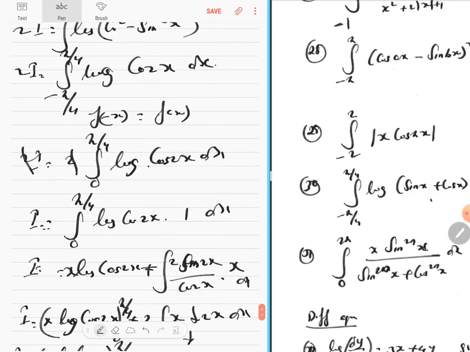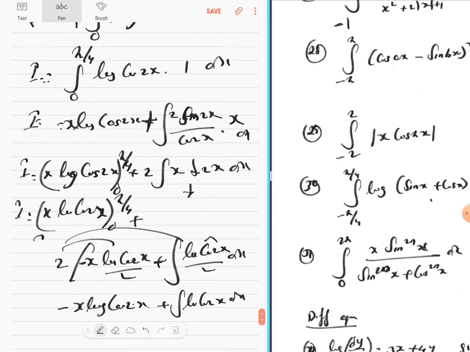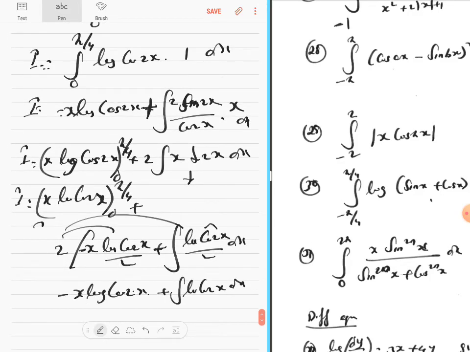Let me try to do the sum again. Let me try to think of what I've done. Minus big integration, differentiation of 1 by cos 2x into minus sin 2x, so it becomes a plus. So it becomes tan 2x. Now I've got to integrate it again, so there will be a minus sign here. Minus log of cos 2x, or log of secant 2x I can use.